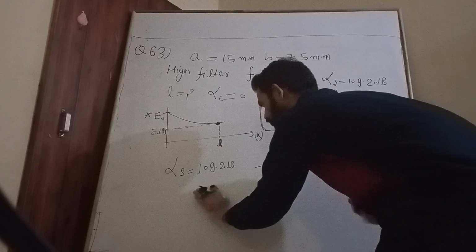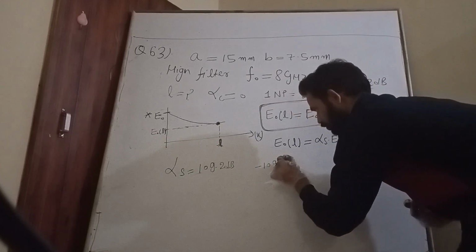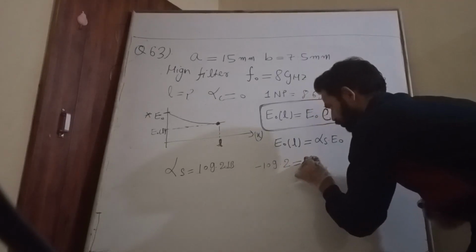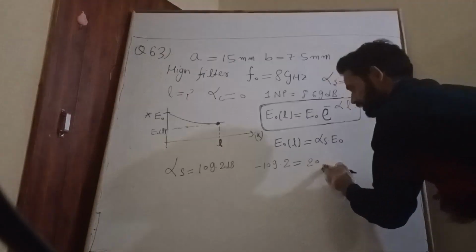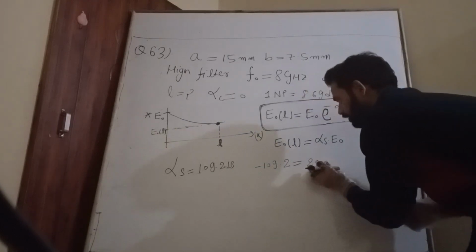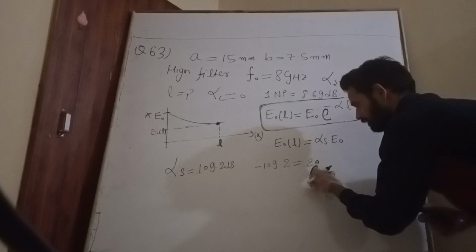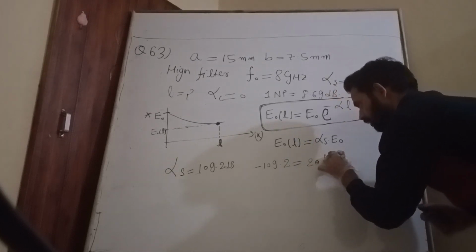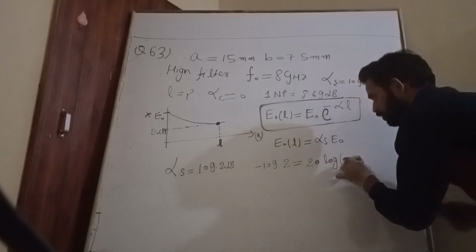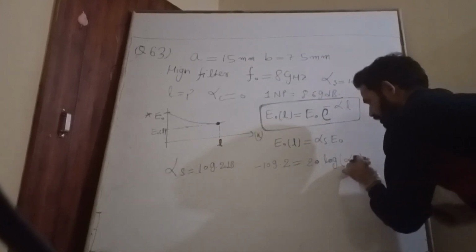Because it is attenuation, which means it is decreasing. It is equal to 20 log alpha S. Why 20? Because it is a voltage or current signal, not a power signal.